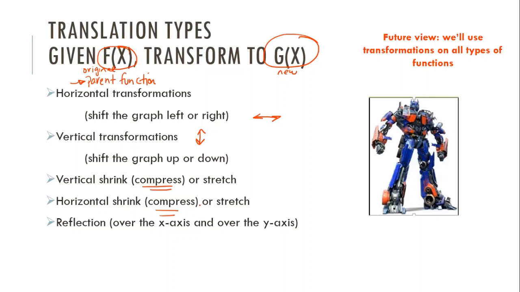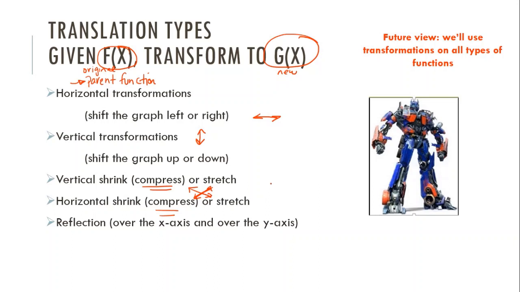And just know that these, in terms of linear functions, are kind of opposites of one another. The vertical stretch is similar to the horizontal compression, and vice versa. I'll show you that graphically once we get to those examples.